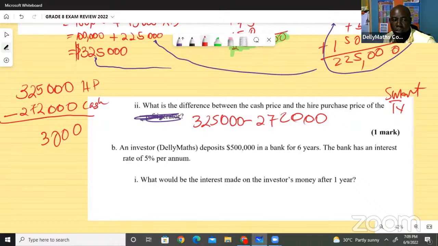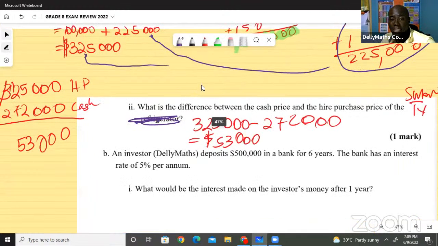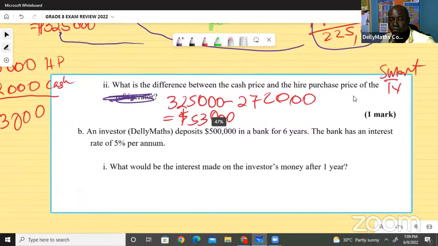And the 7 from that we can't, so we're going to borrow, carry 1. So 7 from the 12 is 5. So the difference between these is actually $53,000. So you would have paid $53,000 more because you bought it on hire purchase.